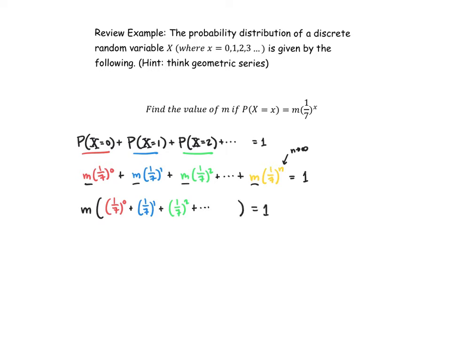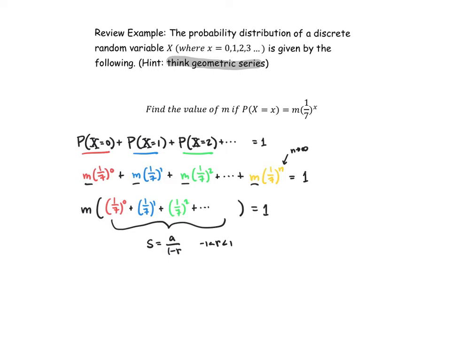Okay, so my hint to you above was think geometric series. Well, if I look at an infinite geometric series, which we've seen a formula for, a over 1 minus r, the only way that this can converge to a finite value is if r is between 1 and negative 1. Right?